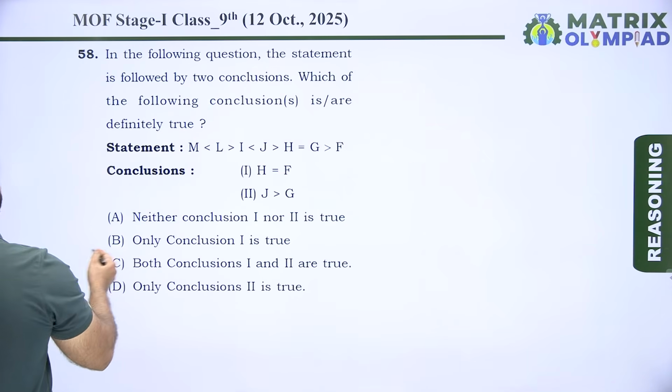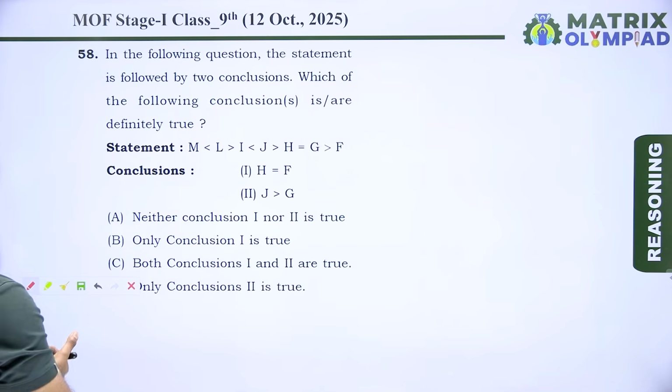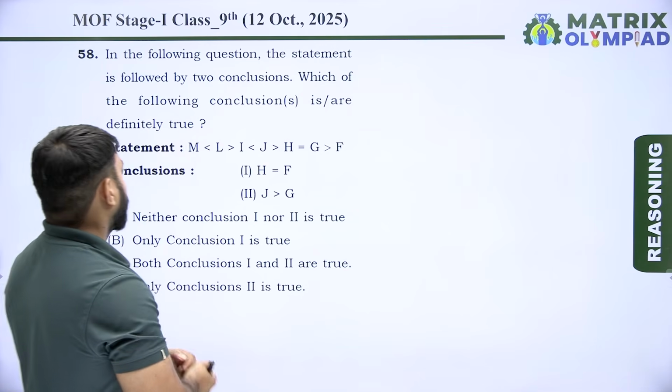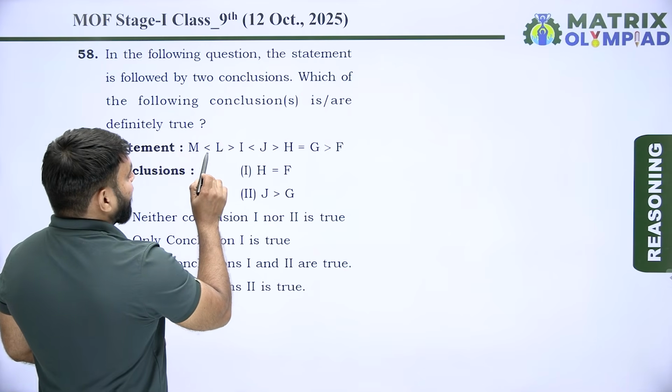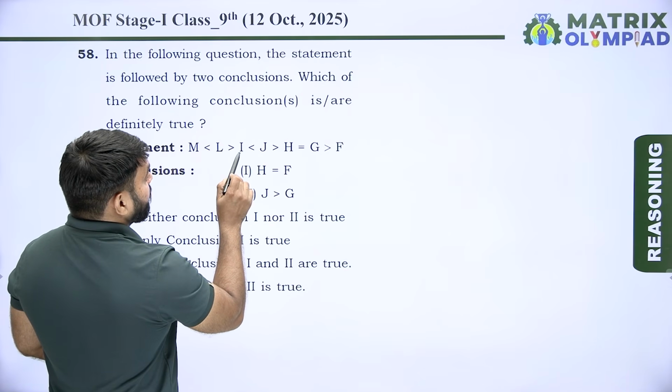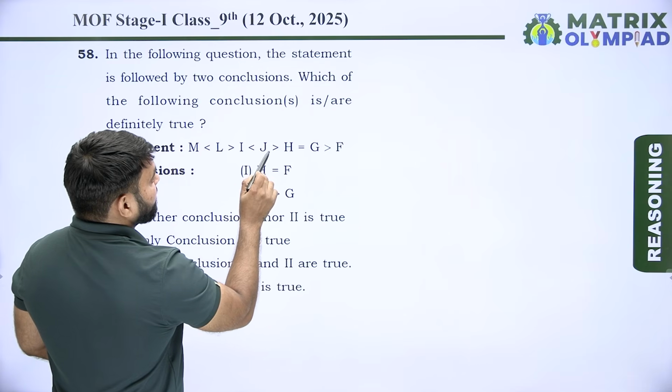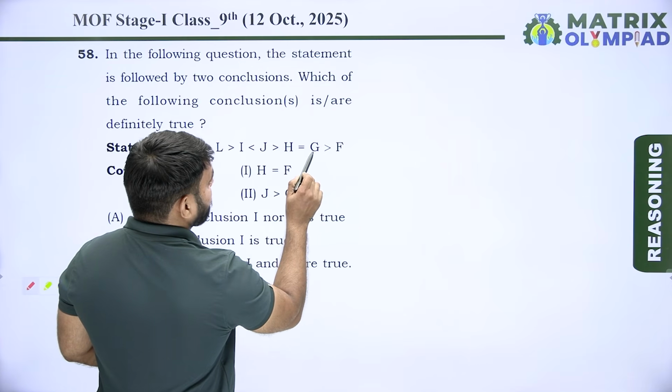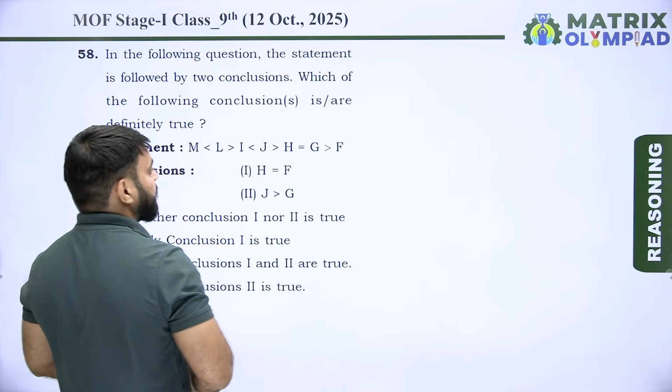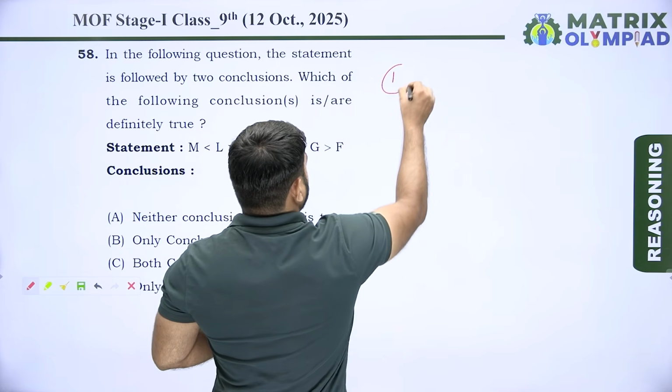So now the next question is question number 58. In the following question, the statement is followed by two conclusions. Which of the following conclusions are definitely true? The statement is M less than L, L greater than I less than J, J greater than H equals G, G greater than F. So now we have the conclusions.